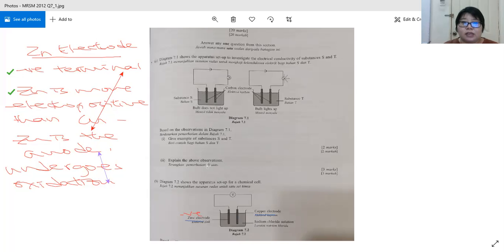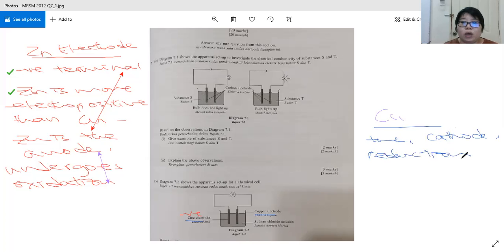Okay, now we move on. Indirectly, we know that this copper here will be the positive terminal. When it is the positive terminal, it is the cathode. And what process undergoes at the cathode? It is actually the reduction.